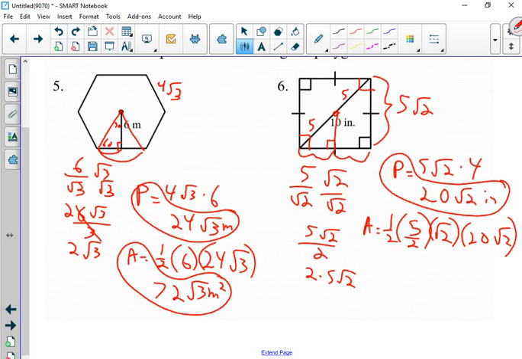We have 1/2 times 5/2 is 5/4. We do 5 times 20, which is 100, divide by 4, which is 25. So that's 25 times root 2 times root 2, which is 2, so that's 50. So the area is 50 inches squared.